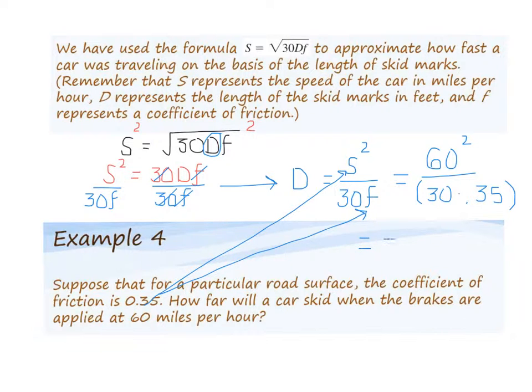And when you do that on your calculator, do it yourself to verify, you should find that the length of the skid mark would be 343 feet. So if you want to avoid hitting the car in front of you, you need to leave at least that much distance between you and that car.